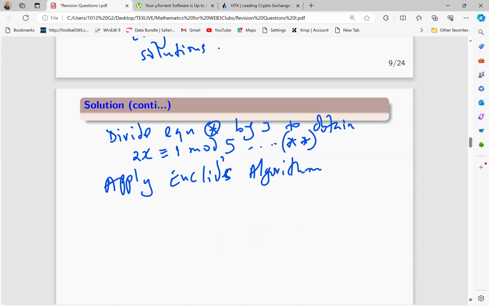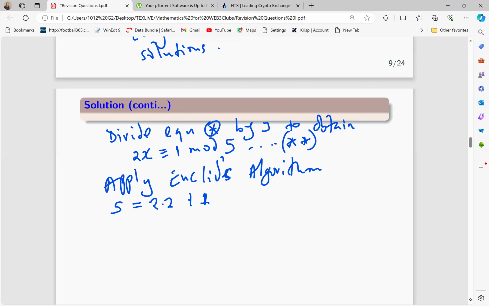Is that okay? So it's supposed to give us the GCD of 2 and 5. So for 5, we're using a division algorithm here: 2 into 5 twice, and the remainder is 1. Is that okay? This one is the GCD. So if you go further from here, what you have is a remainder of 0.